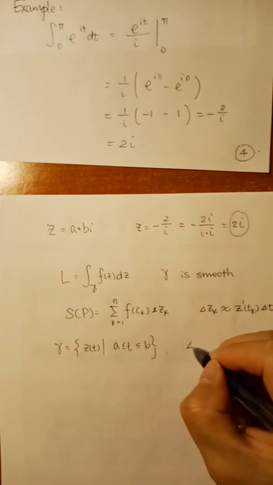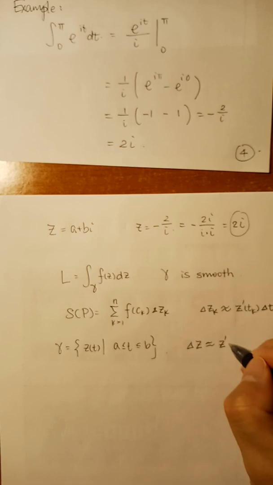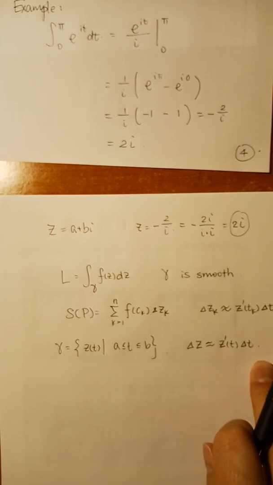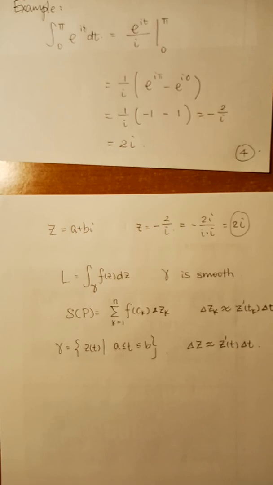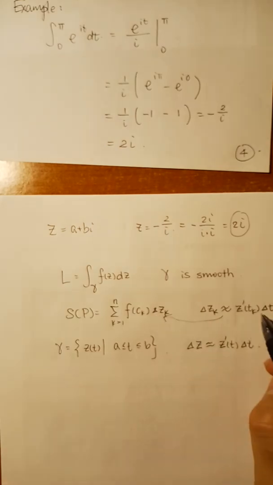So delta z is approximated by the derivative times delta t. The difference is approximated by the derivative times the difference of the input. So we replace delta z_k by z prime.